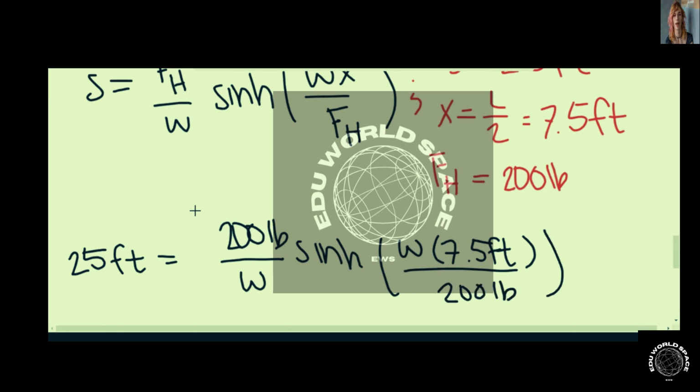Now, instead of solving this by hand, I would highly recommend that you solve this using a graphing calculator to solve for w, where you plot the left and the right hand side, and you find where the lines intersect one another.